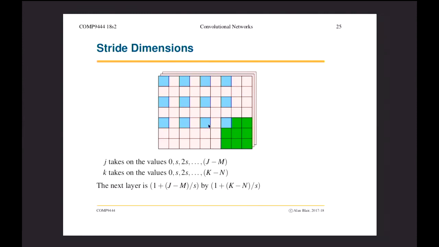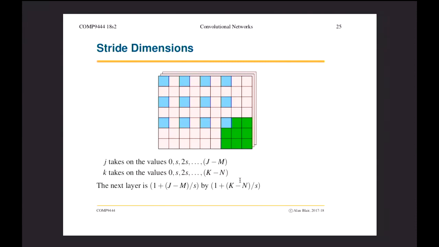Now, 5 divided by 2 is 2 because we throw away the remainder. But then we add back 1, so we get 3. So you can check that this formula gives the right answer in both of those cases, and that shows you the boundary cases, where there is a remainder and where there isn't a remainder.